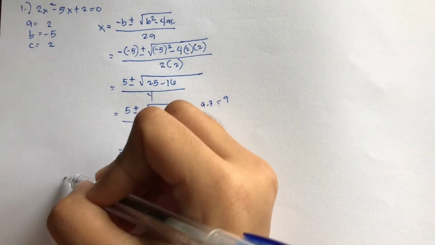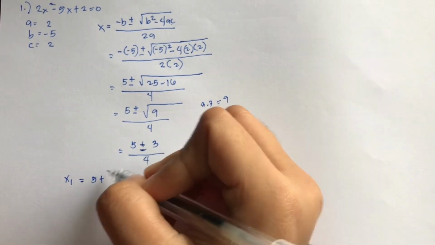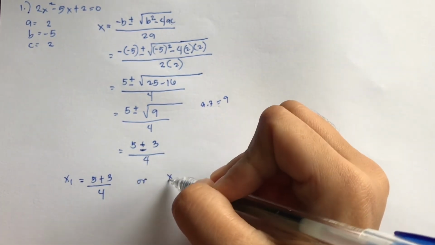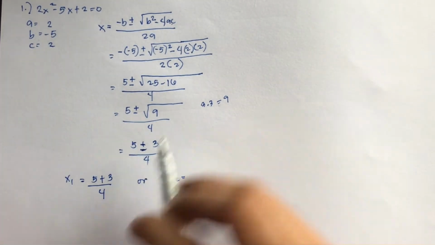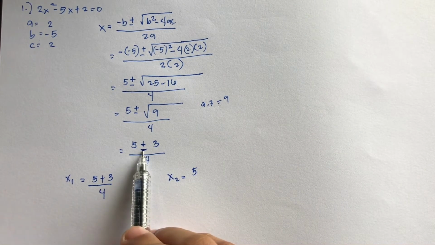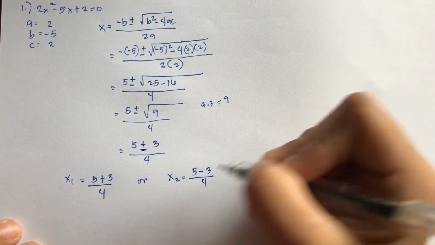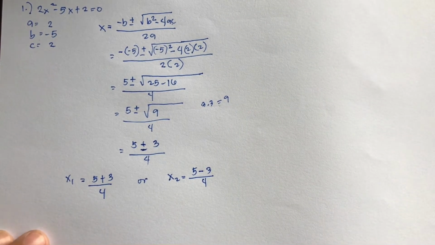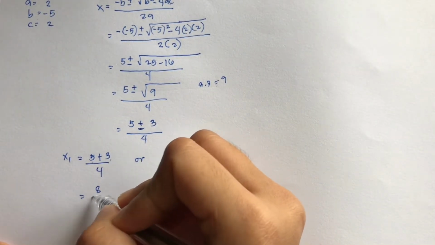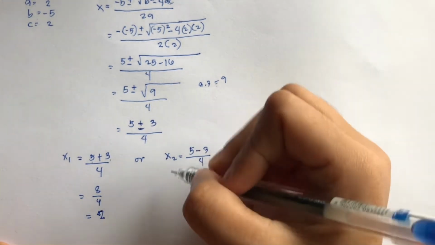So we could have our x sub 1 that's equal to 5 plus 3 all over 4, or we could have our x sub 2 that is 5 minus 3 all over 4, since we already used the plus sign, so we will use the other sign, which is the minus. So now we simplify them. Let us start with x sub 1. So 5 plus 3 is 8 divided by 4. We have 2.